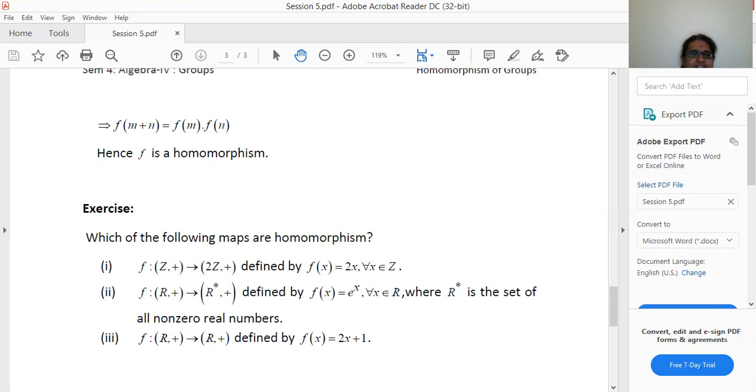In the third case also the binary operation is the same and the set is also the same. But here the mapping f of x is defined as 2x plus 1. Because of that constant 1, the mapping is not a homomorphism. So depending on the set, the binary operation, and how the function is defined, the mapping will be either a homomorphism or not.